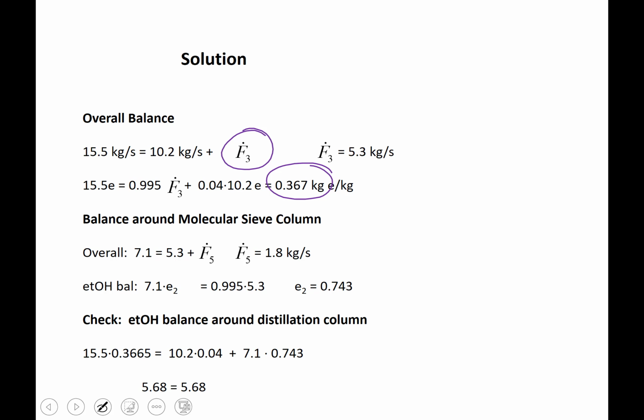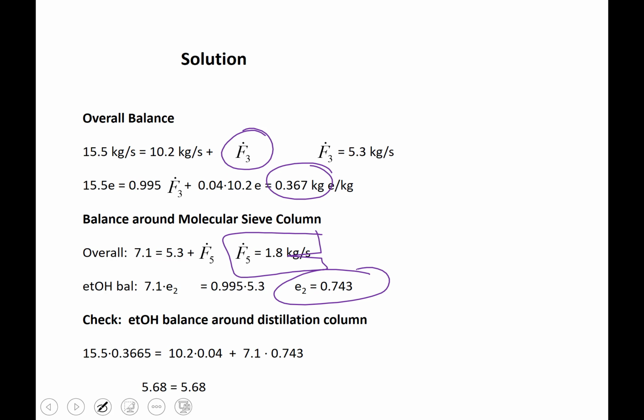And if we do the overall balance, we solve for F5. And then we can do an ethanol balance to get the mole fraction of ethanol coming out of the distillation column. And then we can do the ethanol balance around the distillation column.